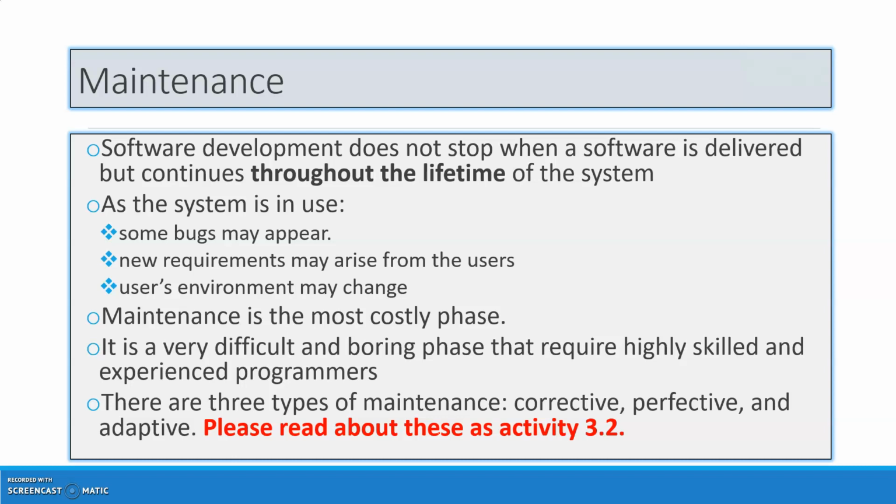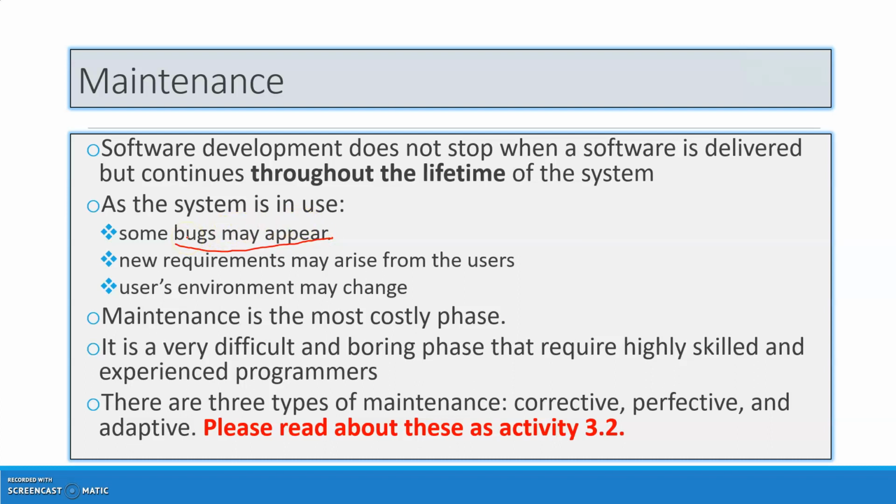As the system is being used, there will be some bugs that may appear. Of course we've done some testing, but you may miss some bugs which will only appear when the system is in a production environment, when it has been handed over to the user.